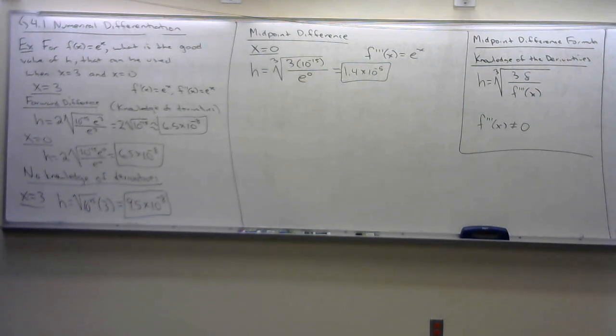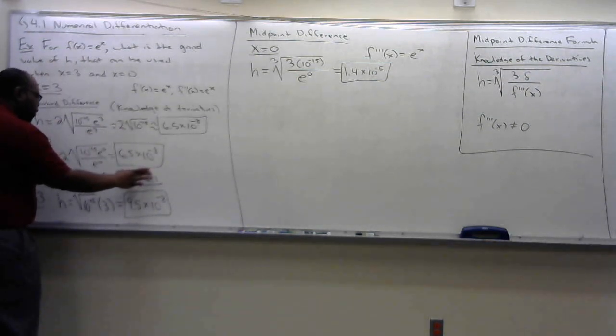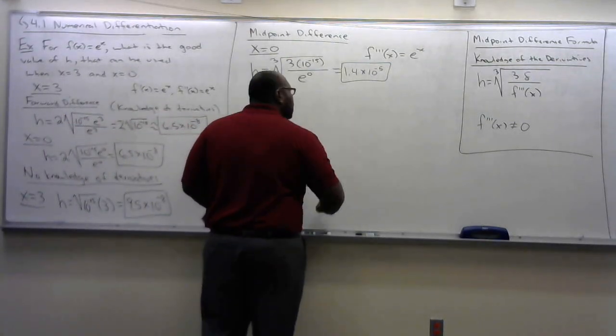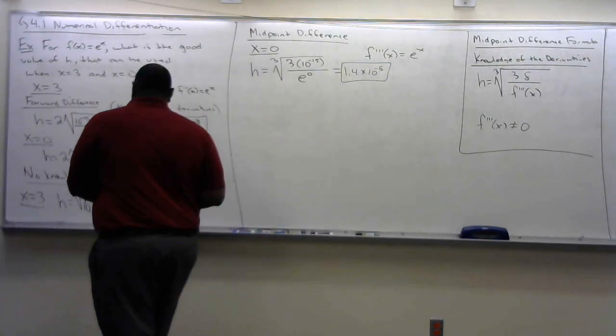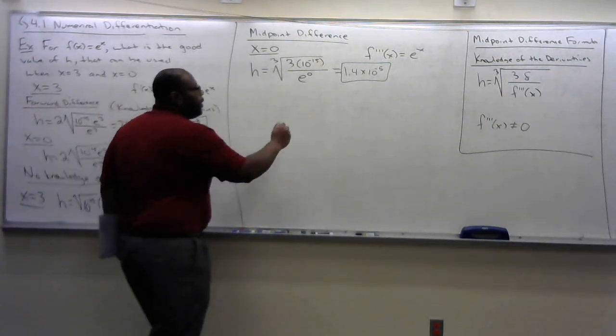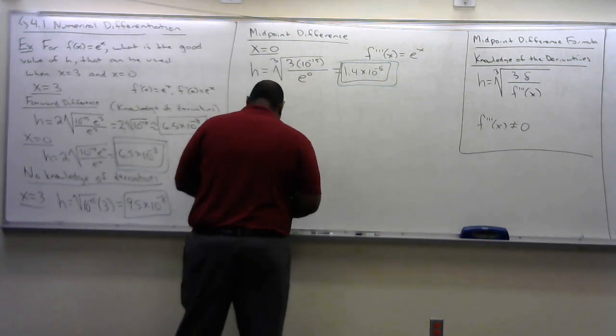Let's use these values of h at x equal to 0. So at x equal to 0, let's use this value of h for the forward difference formula, and this value of h for the midpoint formula. I'm going to use this guy here and this guy here.